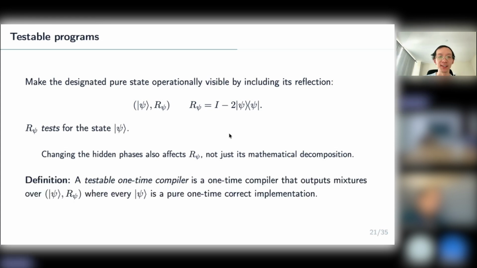We can also define a testable one-time compiler. It's just a one-time compiler that outputs a mixture over testable programs (psi, R_psi), and we also require that every psi in the support be a pure one-time correct implementation of the original functionality. So hopefully this will get around the impossibility.